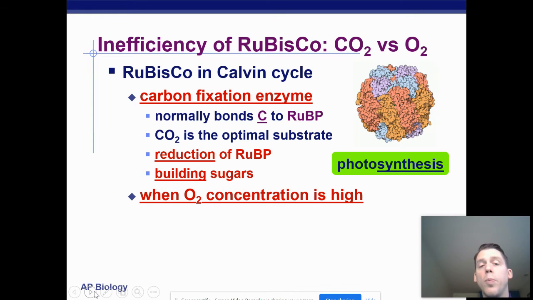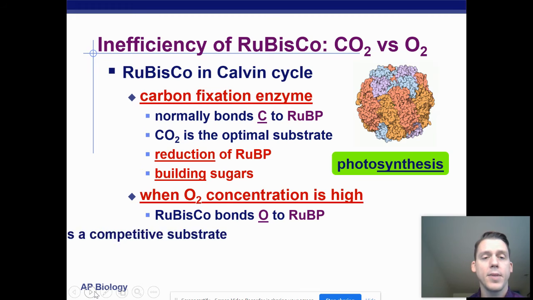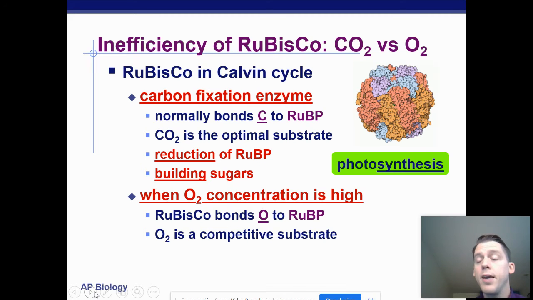Unfortunately, when the stomata are closed and the O2 concentration gets too high, the rubisco can actually bond oxygen to RuBP instead of carbon. So O2 is going to be a competitive substrate, basically, right? Remember competitive inhibitors?